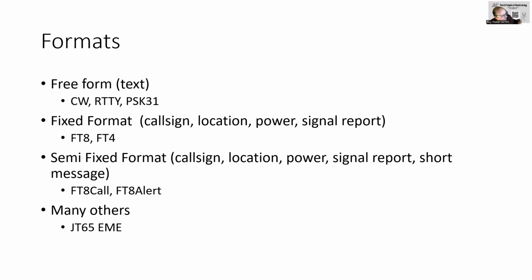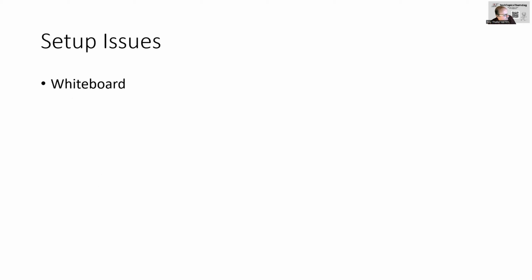And there's probably about another 20 or 30 different formats like Olivia and other PSK formats, and they have pros and cons for you to use them. With the program, you can actually select which format you want, but FT8 is the most common one.